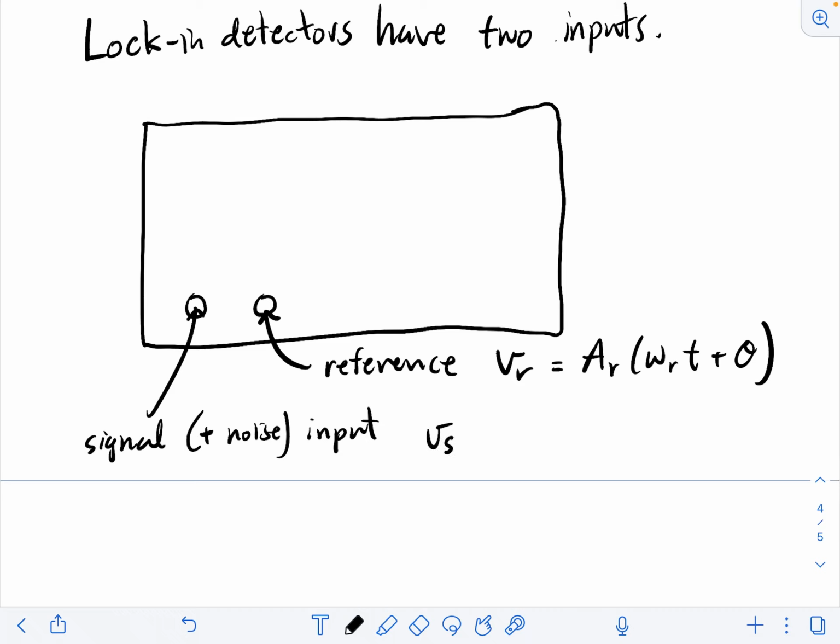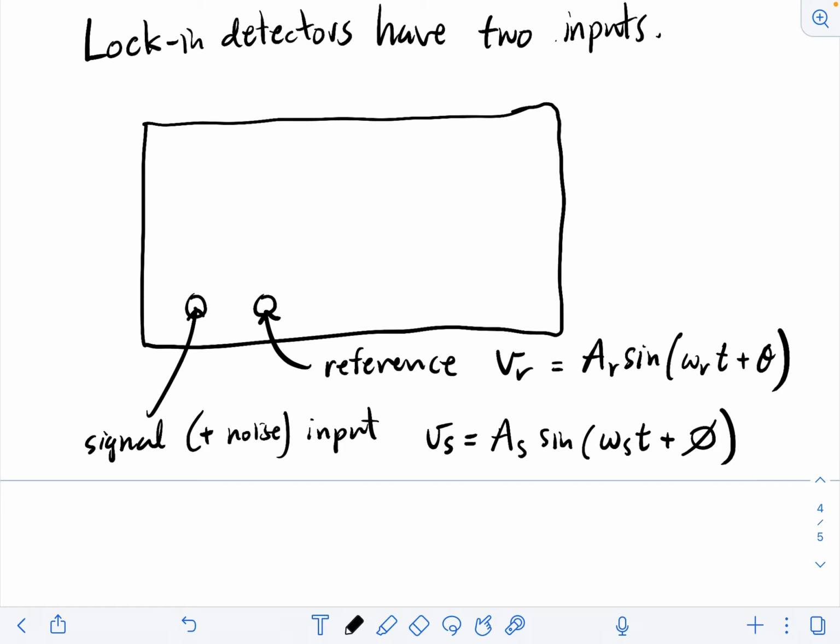The signal that we're actually trying to detect, for our sample, has an amplitude AS, and it's oscillating at potentially a different frequency, omega S times T, and maybe it has a different phase phi.